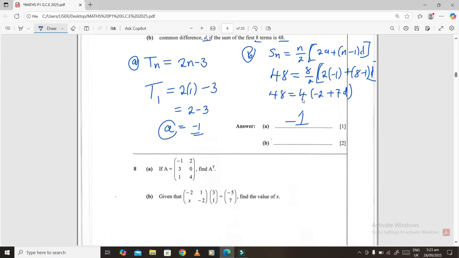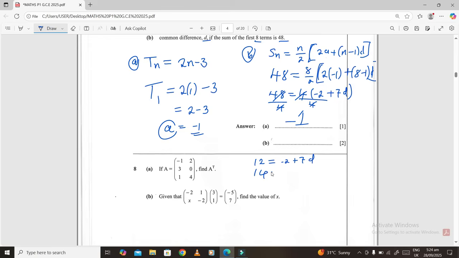If you're able to see here, this 4 can be multiplied throughout so that we get rid of the brackets. But since we don't want to complicate things, just divide. Divide here, it will be 12 is equal to negative 2 plus 7d.